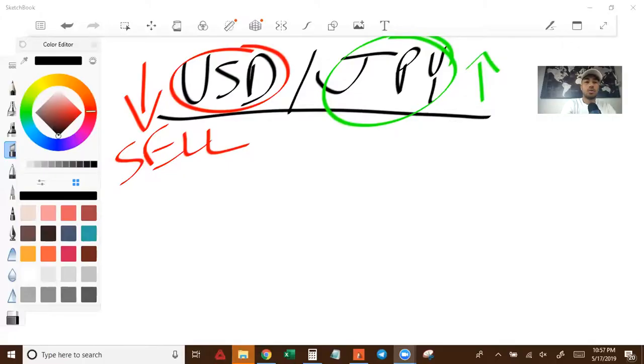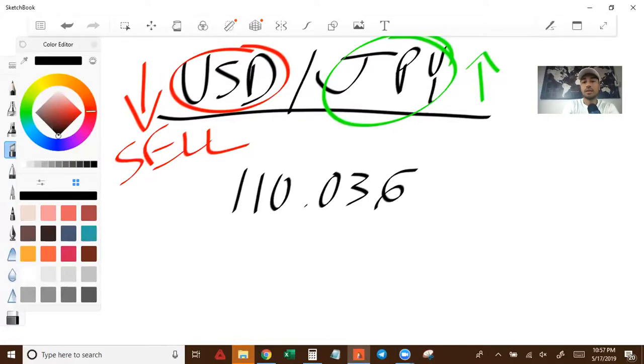All right, so 110.036. Okay, so again, just like last time, the number that's all the way to the right, we're going to act like we don't really pay attention to it. It's just too small of a number to pip at, right? So this number right here is the single digit pip.